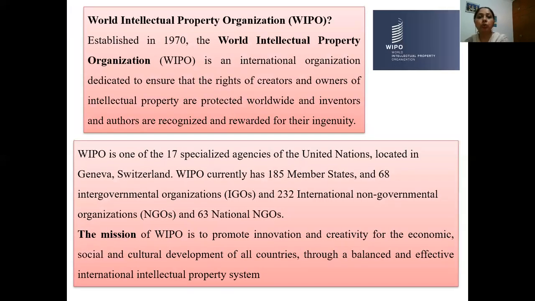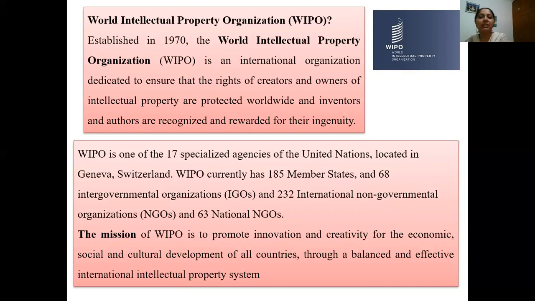Lastly, let's go through, as we had started, WIPO, the World Intellectual Property Organization. The World Intellectual Property Organization, or WIPO, was established in 1970. It is an international organization dedicated to ensuring that the rights of creators and owners of intellectual property are protected worldwide, and inventors and authors are recognized and rewarded for their hard work and for their out-of-the-box thinking.